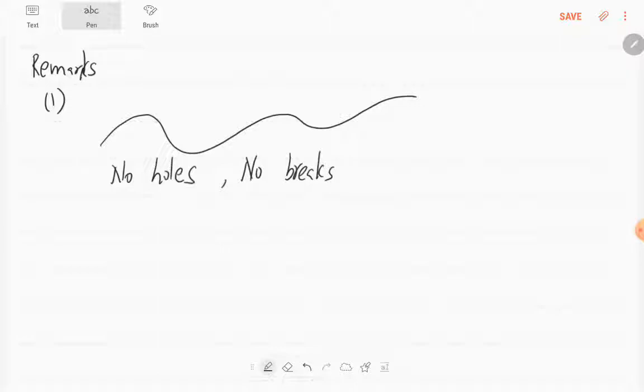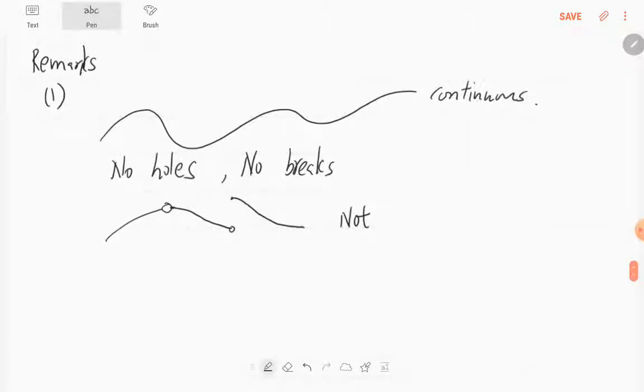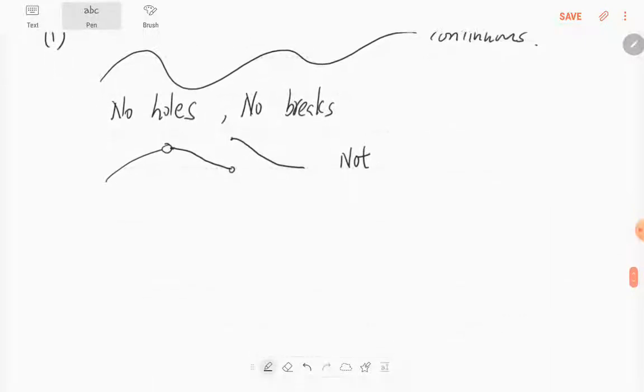If you have a hole here, you have to lift your pen. If you have some breaks here, you have to lift your pen to here and then draw down. So this is not a continuous function. This is a continuous function. Roughly speaking, that's the meaning: the graph of the function has no holes, no breaks.